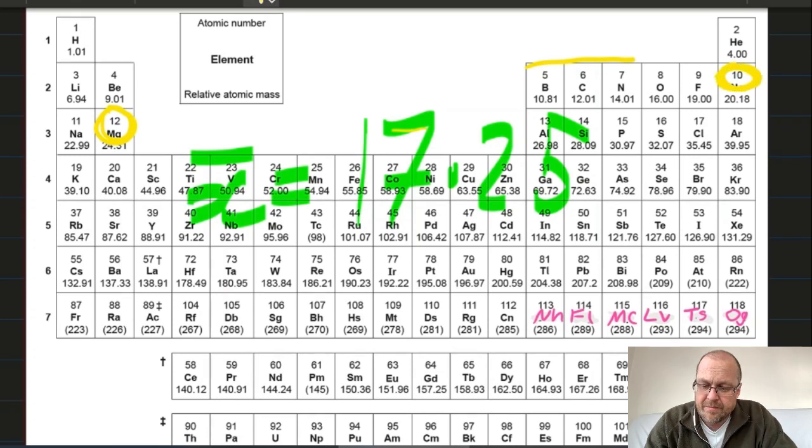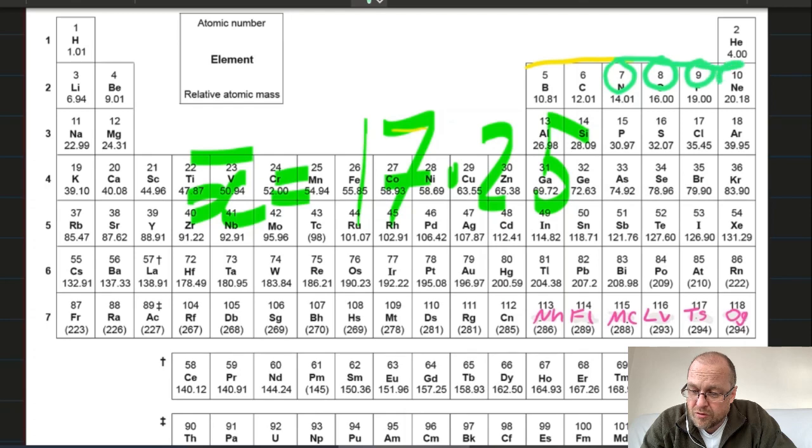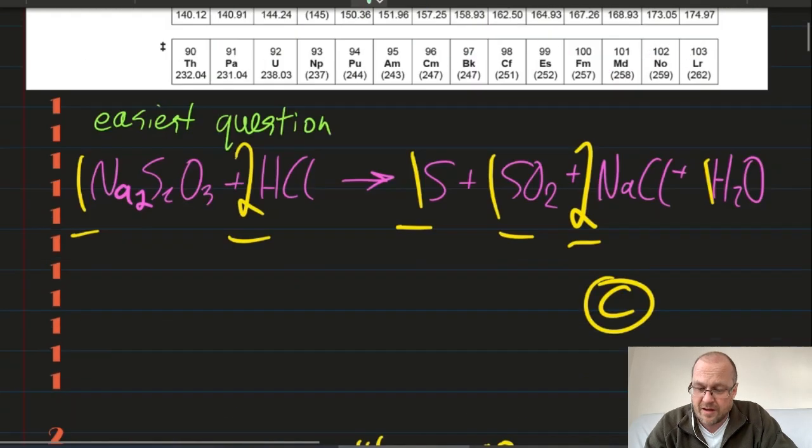Remember that pretty much all elements want to gain or lose electrons to get the same number of electrons as the nearest noble gas. So magnesium wants to be 2+, and nitrogen, well, that's got 7 electrons, 1 more, 2 more, needs 3 more. So nitrogen needs 3 more electrons to be stable.